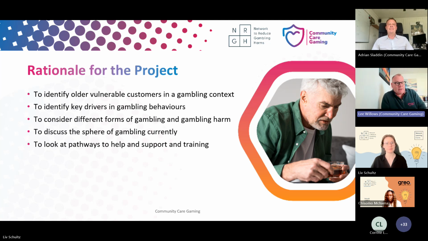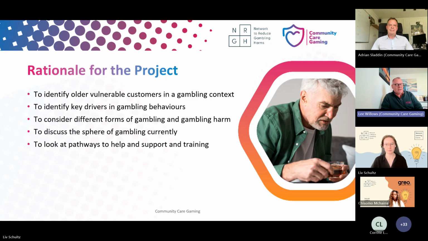So why did we pick the older demographic? Well, about 12 years ago, Adrian and I were very fortunate to work together to establish the previous organisation that I set up, and there was hardly anybody doing anything around educating young people.